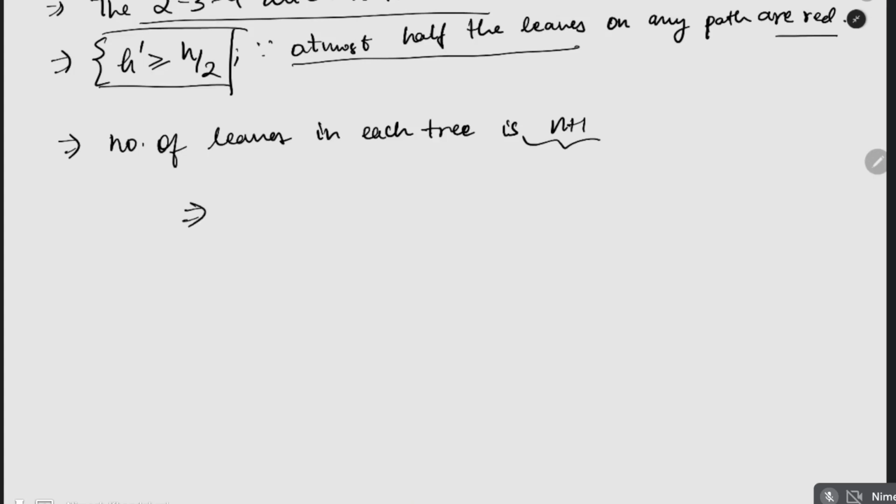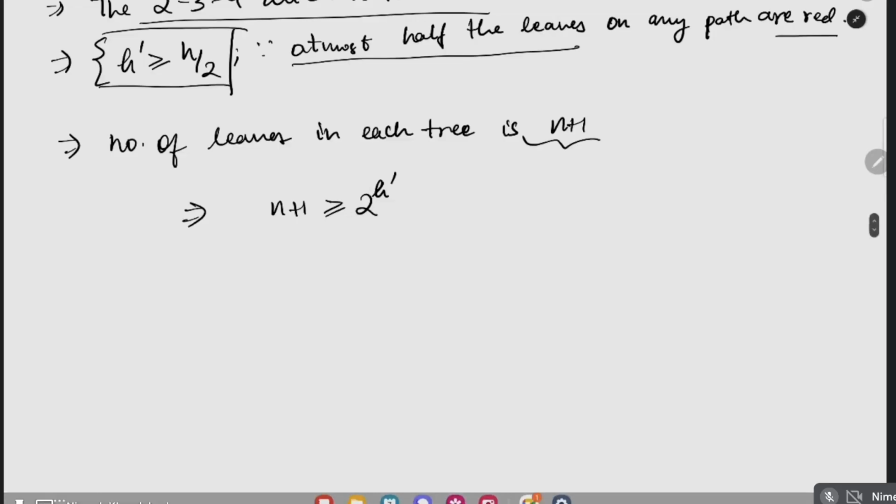So we can relate this number of leaves as the number of leaves should be greater than or equal to 2 to the power of h prime, because the total number of leaves for any binary search tree is greater than or equal to 2 to the power of the height of the subtree.